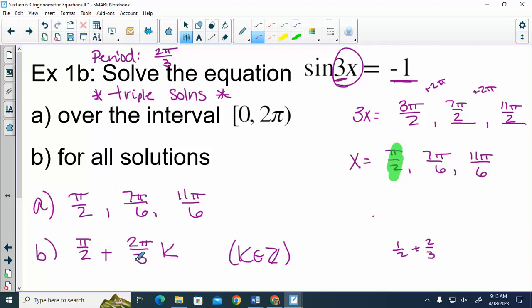And if you did 7 pi over 6 plus 2/3, you get the 11 pi over 6. Okay, so these other two are just a result of adding the period.